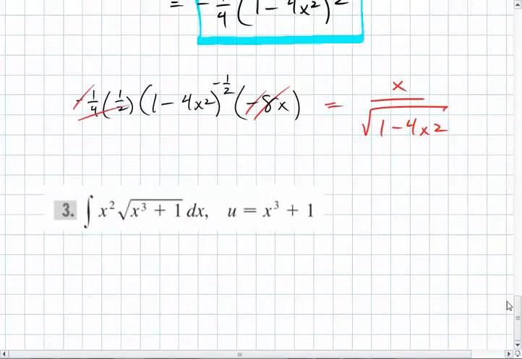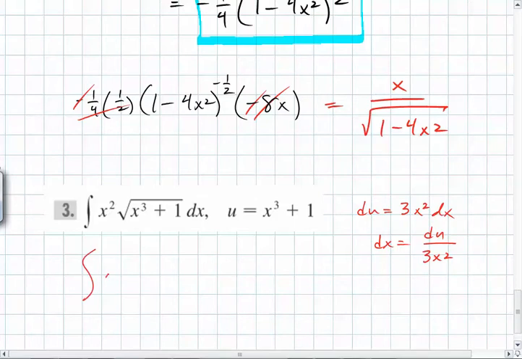Let's do this one together. The first thing you do is you differentiate the u expression. So what is du going to equal? 3x squared dx. So what does dx equal? du over 3x squared. Now you substitute. So you get x squared times the square root of what? Of u.